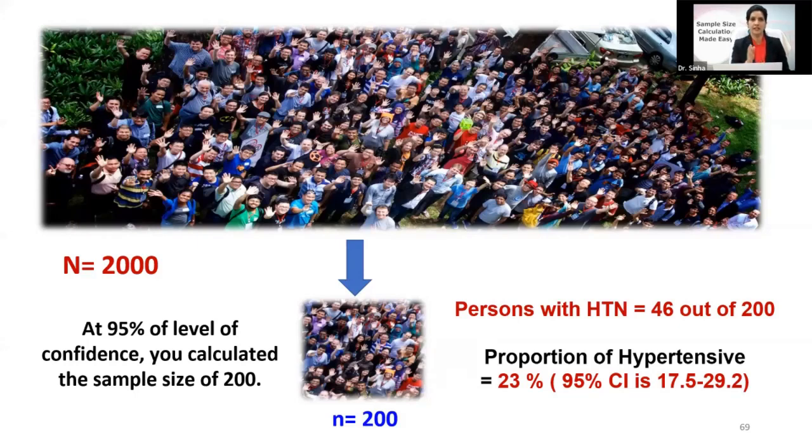And I have said that the 95% confidence interval is between 17.5 and 29.2. So based on this sample of 200, I have projected for the population of 2,000 this confidence interval.